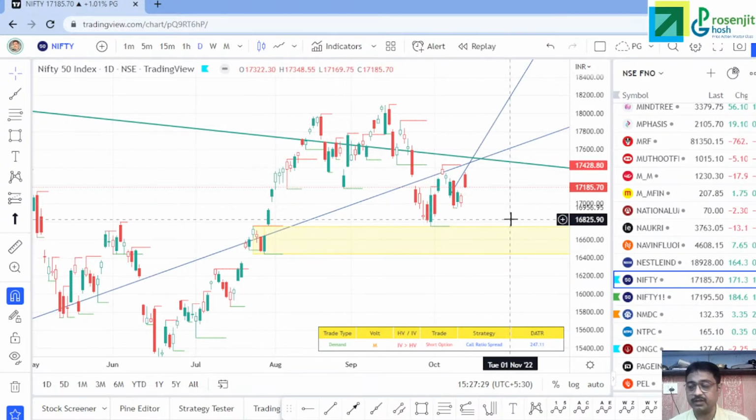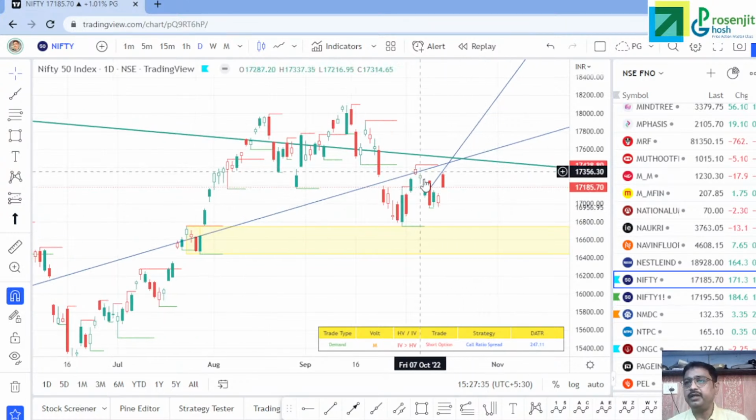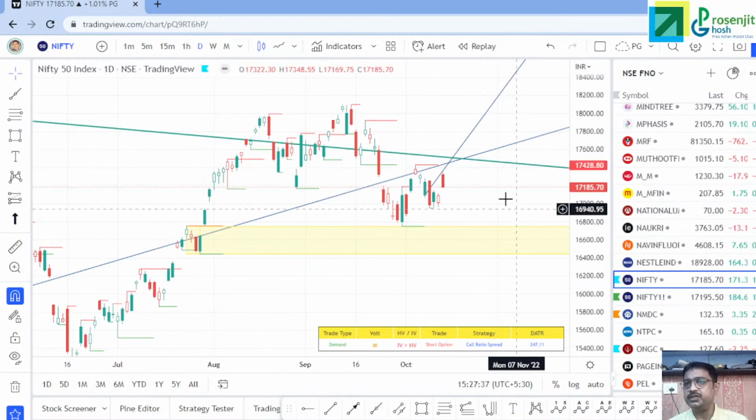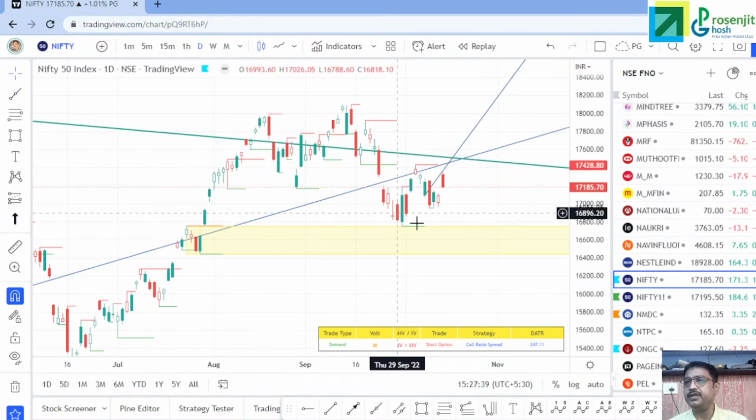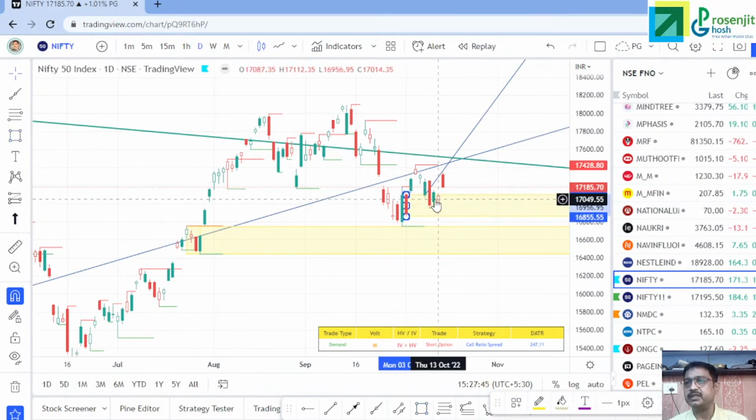It has given its full reaction, and currently price in this daily chart has not created any trap zone. There was one trap zone which got created here. Again, that was tested this week only, and price gapped up.